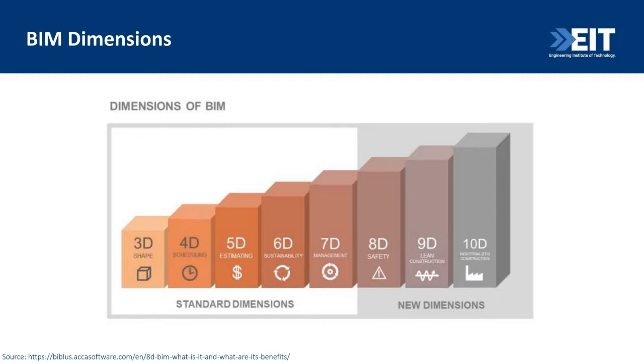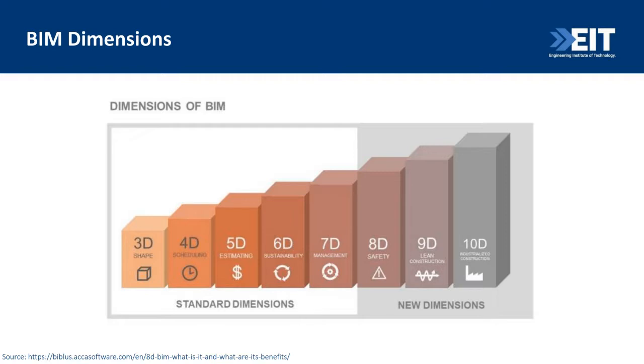Because remember, it's important to know that sustainability is based on 3 different pillars: the environment, the economy, and the society. So when we use the 6D BIM, we analyze all these aspects together to achieve sustainability in our building projects.